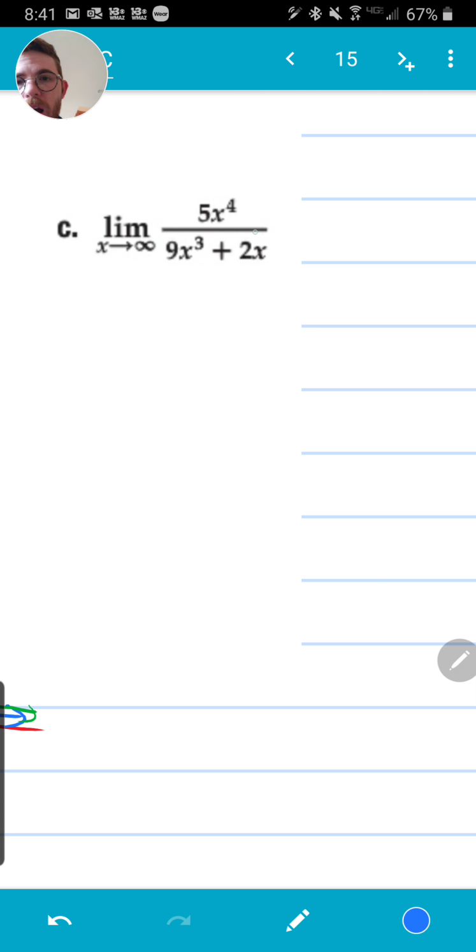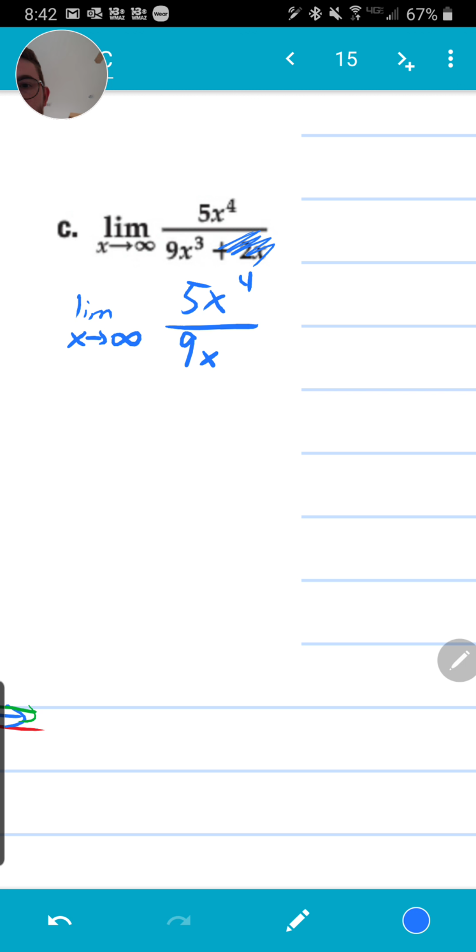So at this point we can see infinity to the 4th power, infinity cubed, and then we just have 2x. So this is insignificant compared to everything else. Limit as x approaches infinity, 5x to the 4th over 9x cubed. Simplify what we have left.